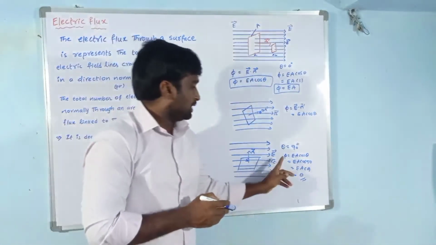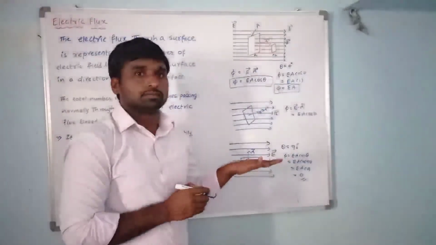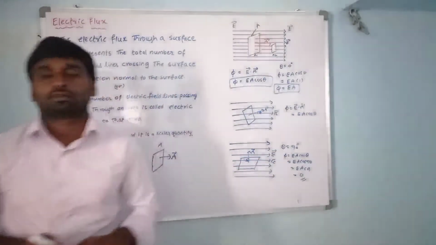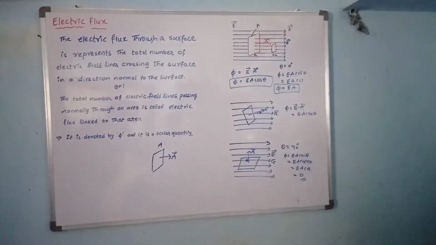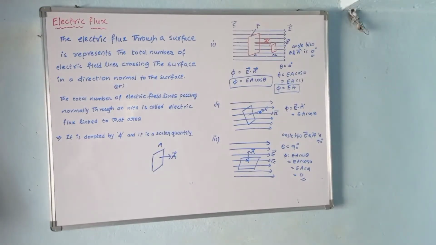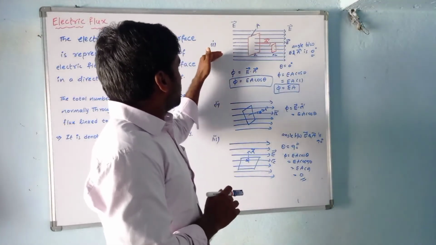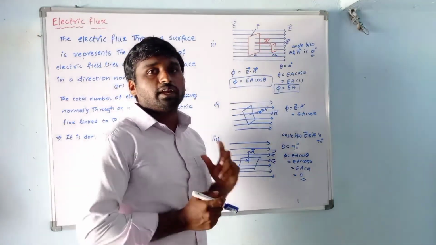So what does it mean? These are the three conditions to get electric flux. In which case will we get more electric flux?